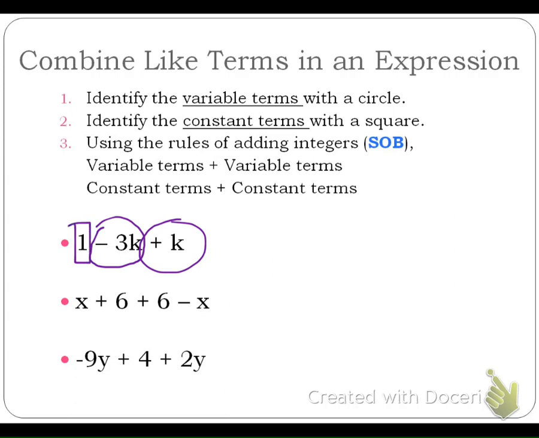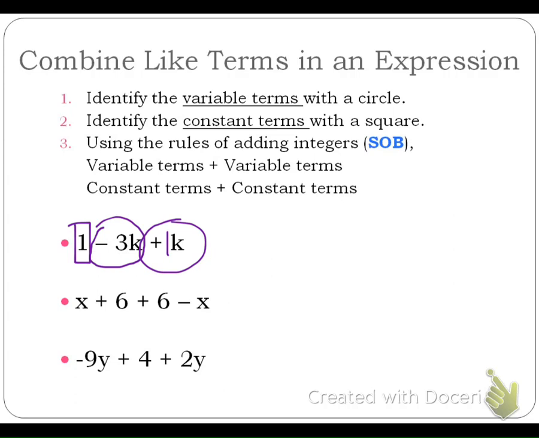So we're using our circles and squares to be training wheels for our eyes to recognize the terms that we can combine together. The first thing you will combine are your variable terms before your constants. So we have a negative 3k and a, well, what's the coefficient of that other k? 1. Okay, so we have negative 3 and a positive 1.